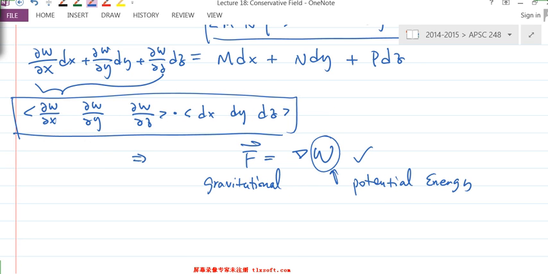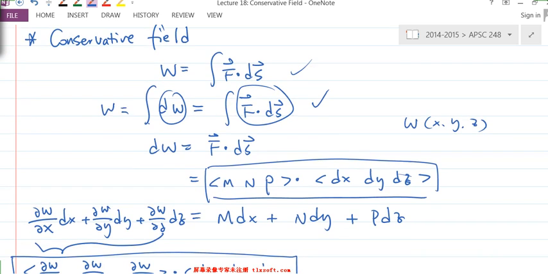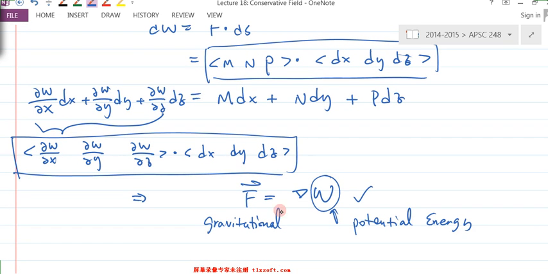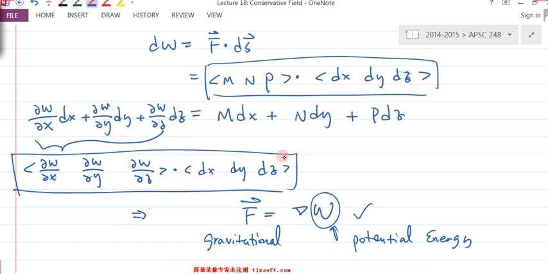With the vector field F equals del W, is it still F ds, or what happens to the ds value? We're comparing these two sides here, right? So basically, this is the same thing. So we end up with this vector having to be the same as this vector. This vector is F, and this vector is the gradient vector. So that's where I'm getting this one here. So the ds is gone.